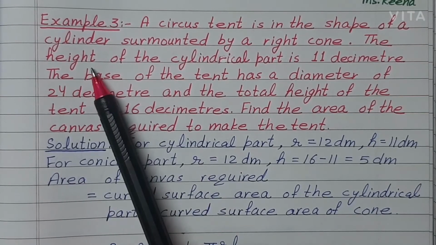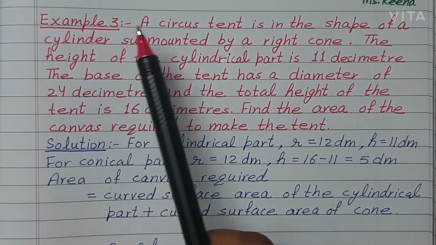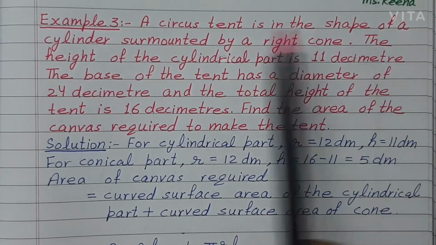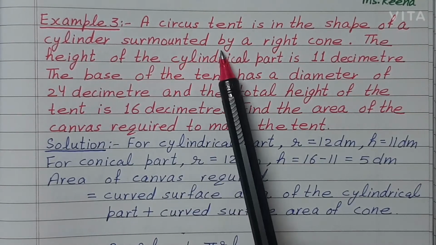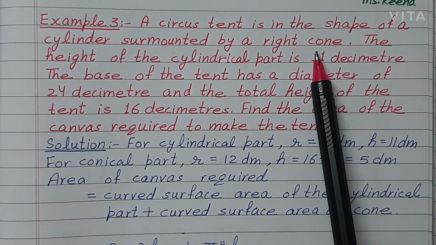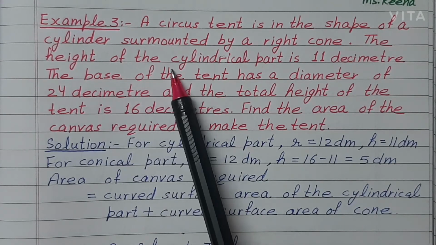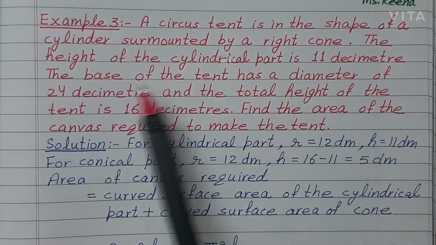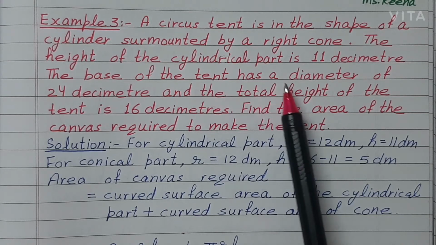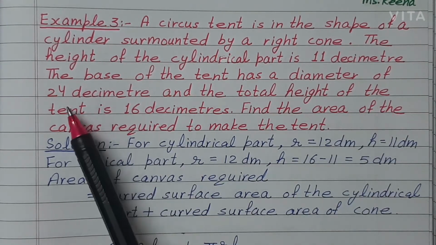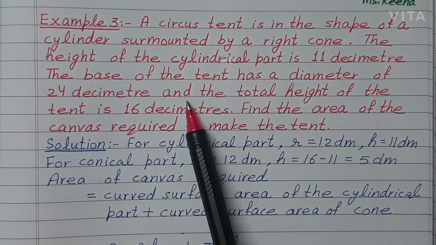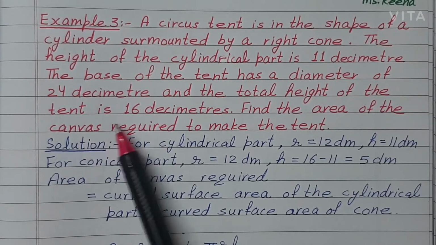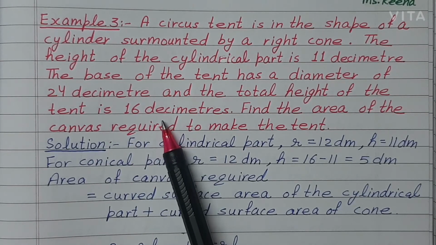Now the next example is example number 3. A circus tent is in the shape of a cylinder surmounted by a right cone. The height of the cylindrical part is 11 decimeter. The base of the tent has a diameter of 24 decimeter and the total height of the tent is 16 decimeter.